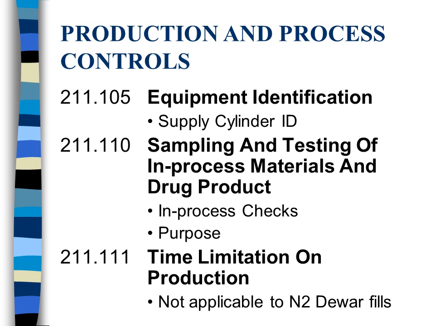If it's lost its vacuum integrity, then it is going to build pressure too fast and the safeties will release. The consumer, the patient, will not get the full use. There's a time limitation on production. It's not applicable to nitrogen dewar fills.